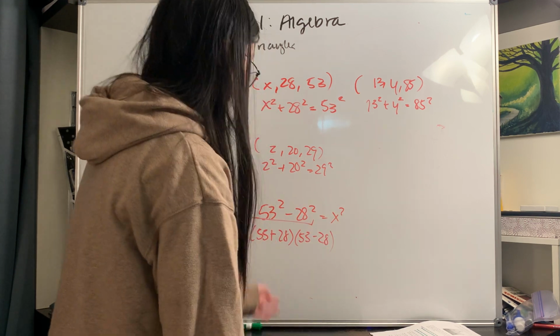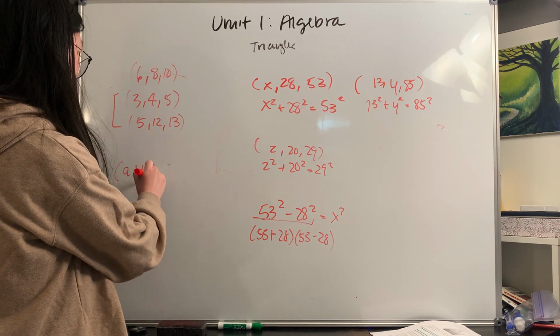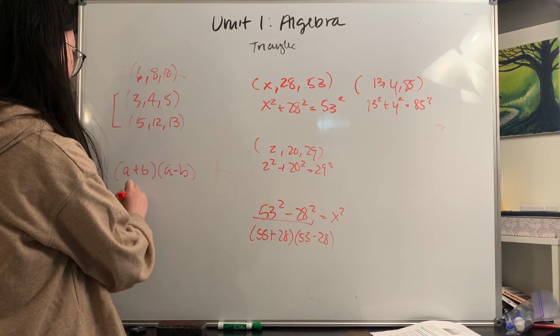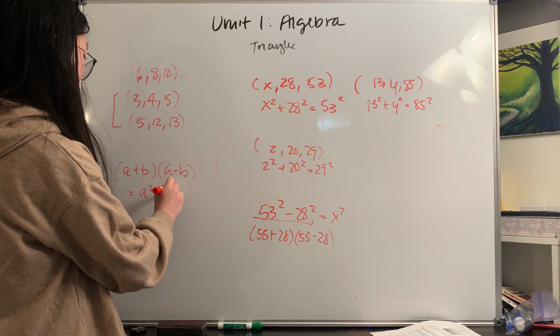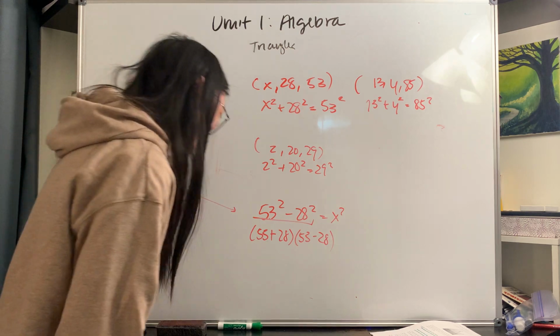And if you recall, this is the same formula as a plus b times a minus b is equal to a squared minus b squared. We're just applying it to these numbers so that we can calculate things easier.